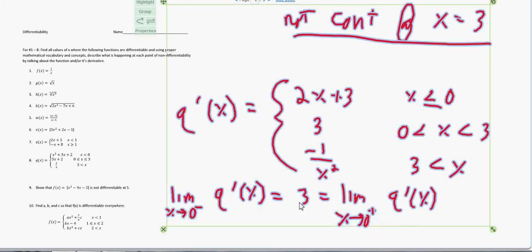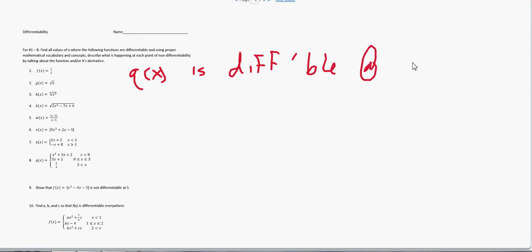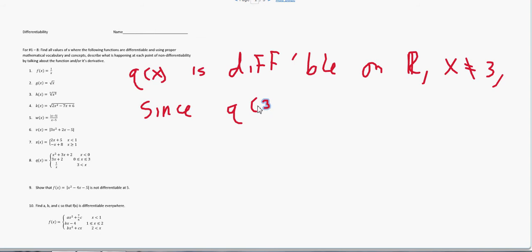So the question asks where it's differentiable, so we're going to say q of x is differentiable on all real numbers except for 3, since q of x is not continuous at x equals 3, and it's not differentiable there because it wasn't continuous.